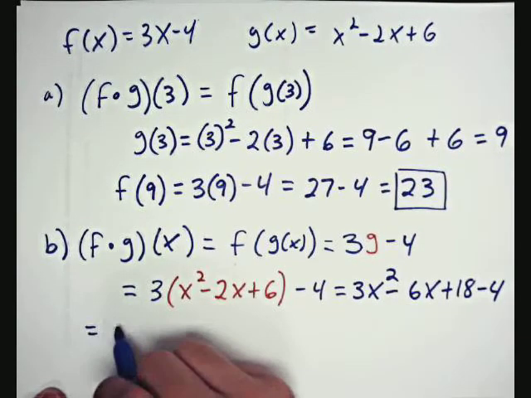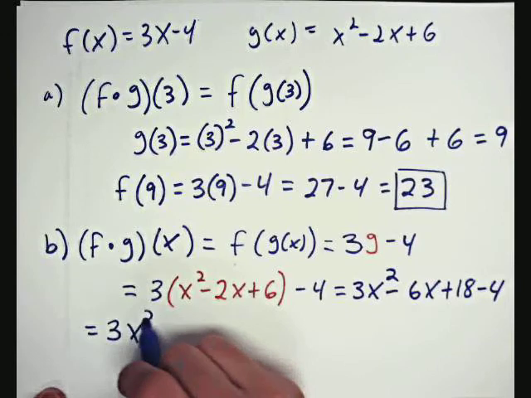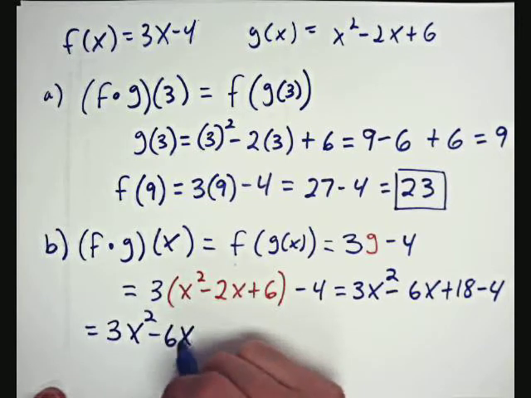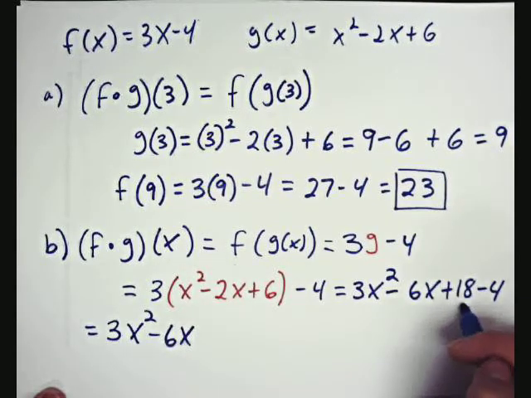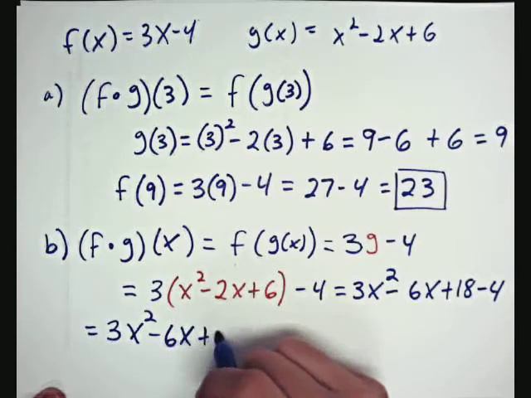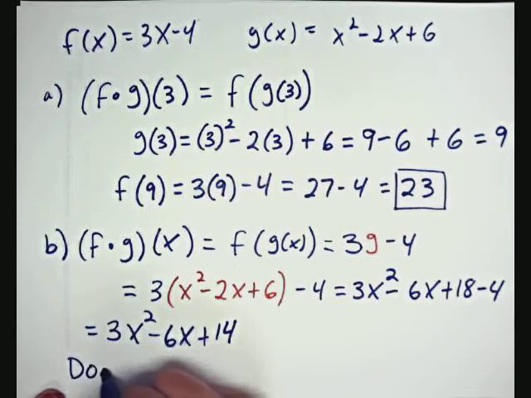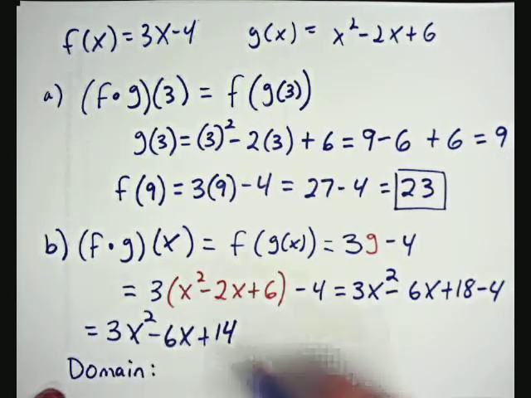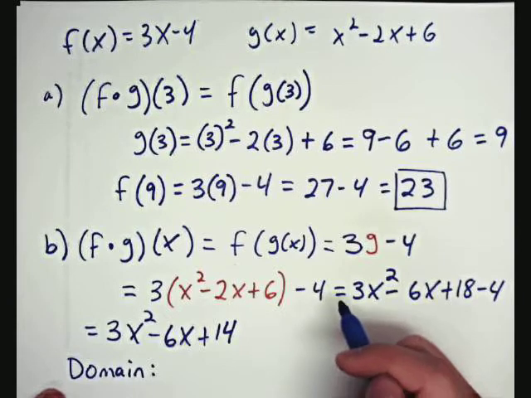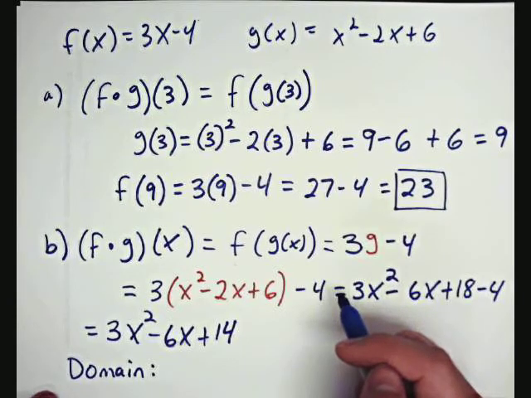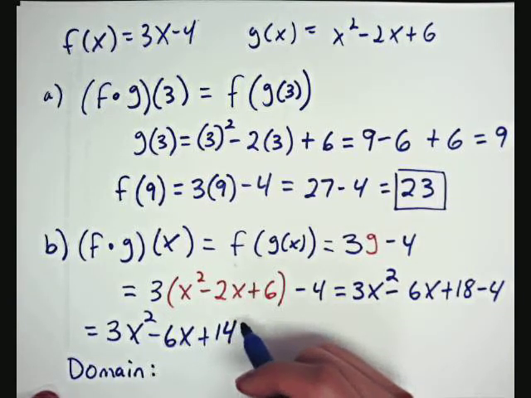Simplifying, 3x squared minus 6x, 18 minus 4 is 14. Okay, for the domain, we want to combine the domain of the inside function with the domain of our composition.